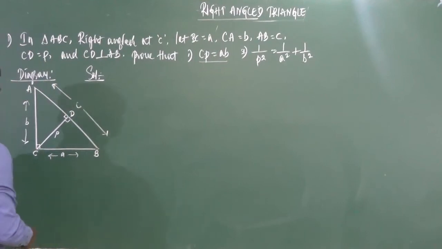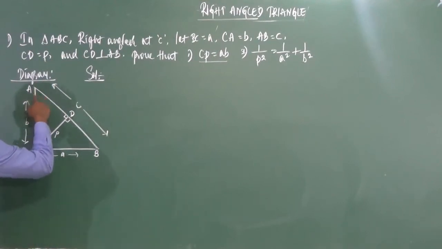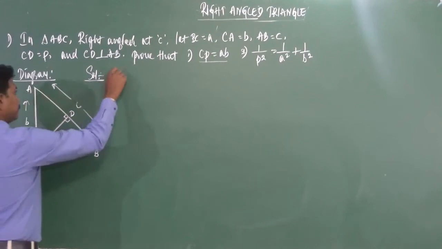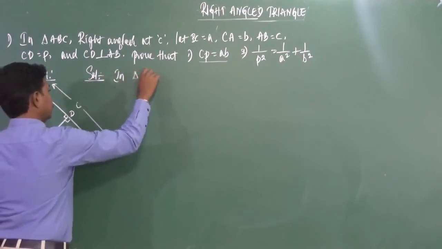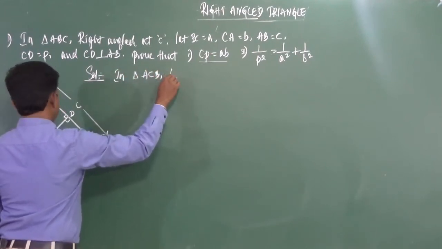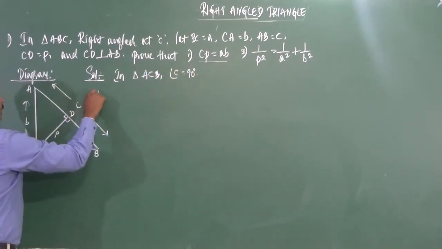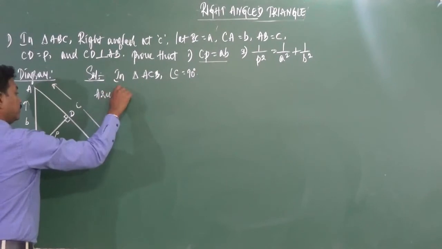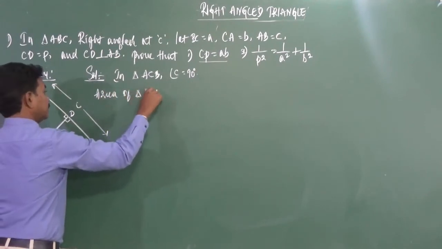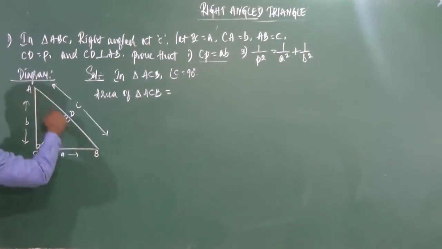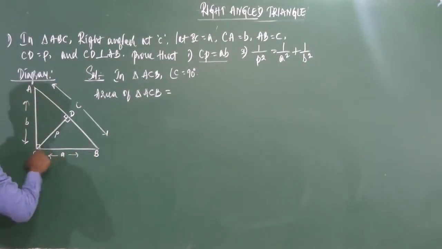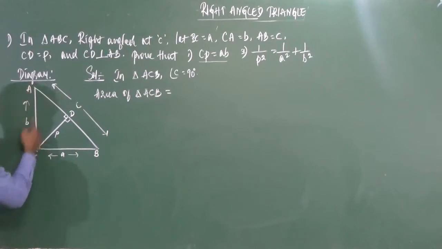So very simple. So now in triangle ACB, angle C is equal to 90 degrees. So therefore we will take the area of triangle ACB. For triangle ACB, BC becomes the base and AC becomes the height.